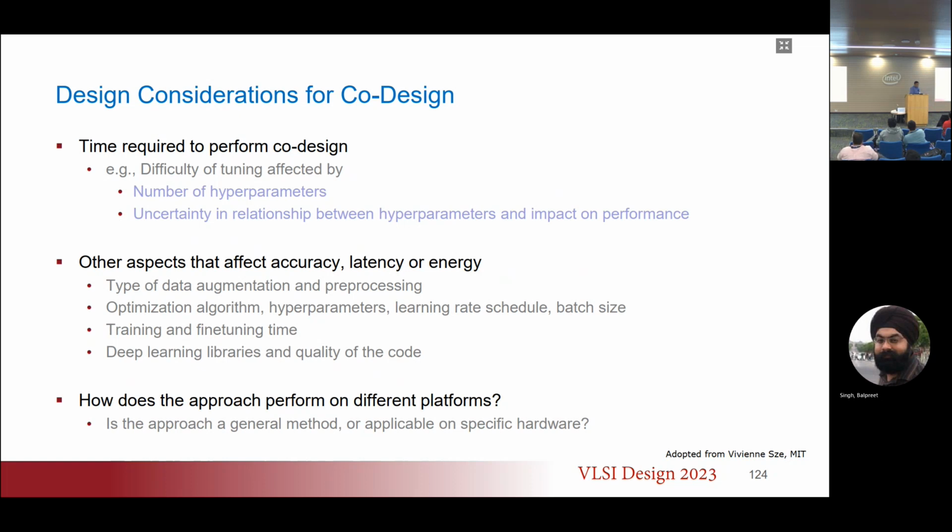And how does this approach perform on different platforms? If you come up with a solution that works for certain neural network models on a certain platform, it does not mean it will work for other neural network models, or that it will actually work on other platforms. So that's another consideration.